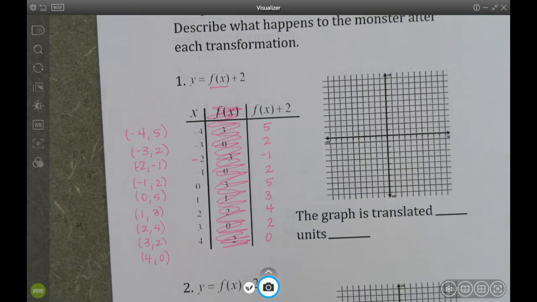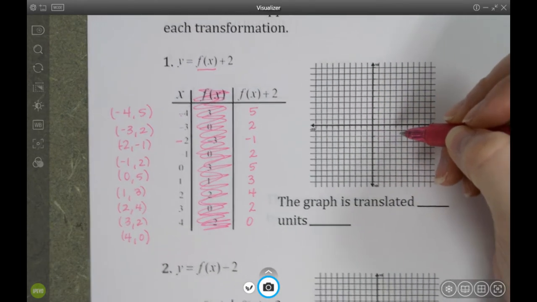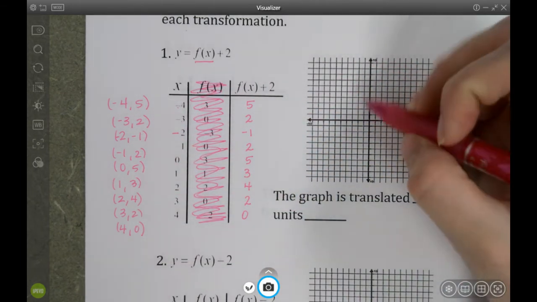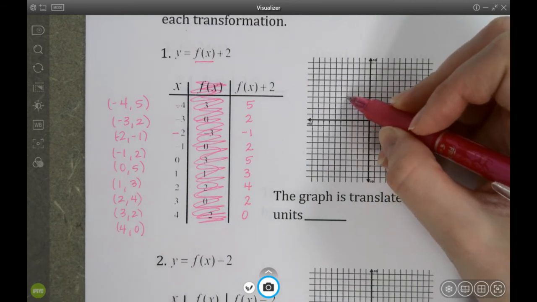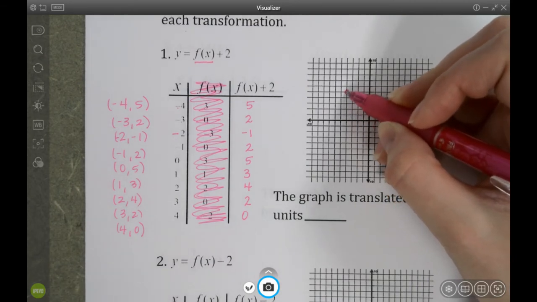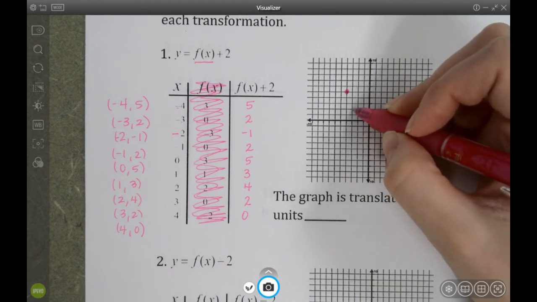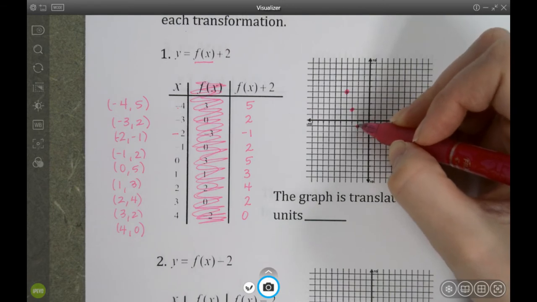And now I'm going to plot them. So on this graph, we're going to plot each of these points. So the point negative 4, 5. Negative 3, 2. Negative 2, negative 1.